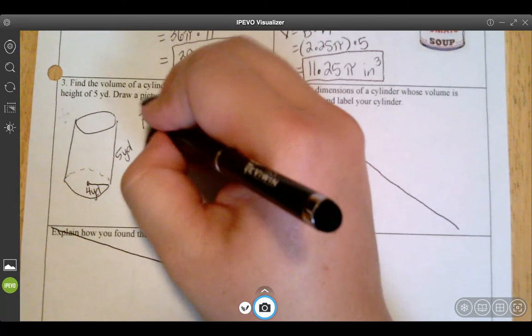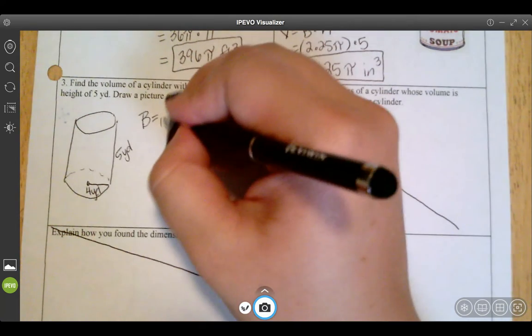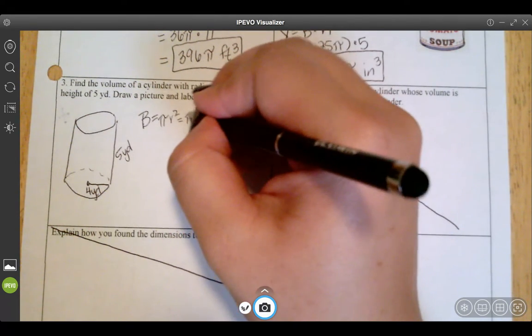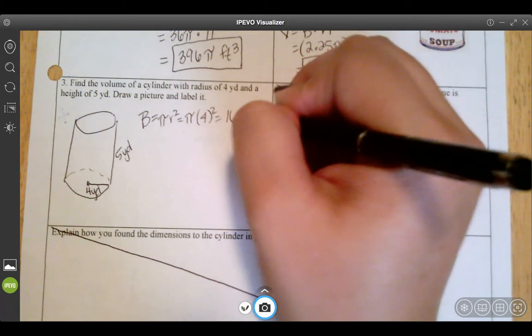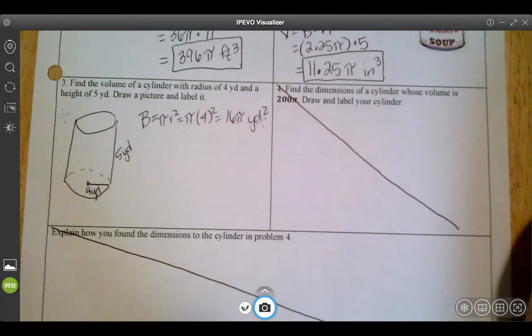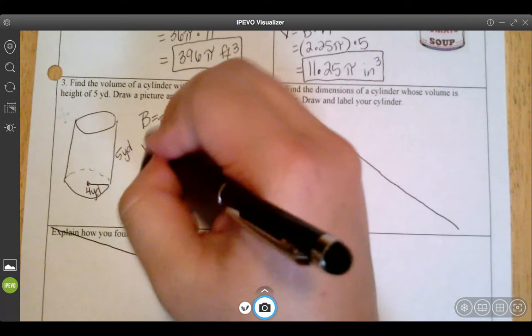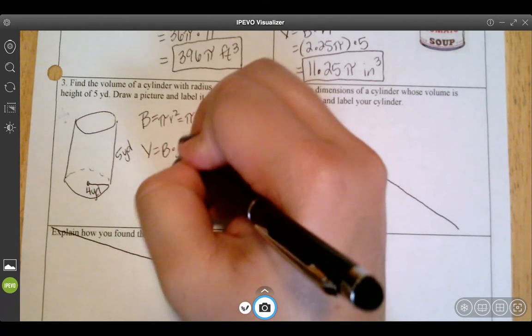So first we want to find the base. This is a circle, so that's pi r squared. My radius is 4, so that's 16 pi square yards. Then we need to find the volume. Volume equals base times height.